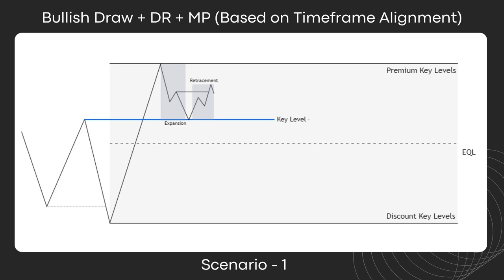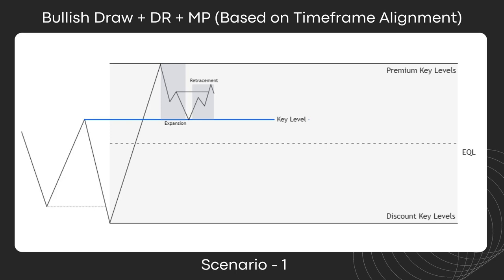So let's see it again. We have this expansion on the lower time frame towards this key level, which is in the premium region. And now based on the combination of this, the most likely outcome for price is a retracement, not a reversal, but a retracement. Now if you remember the first few chapters, I told you that when an expansion profile tests a key level, the most likely outcome for price will be a reversal.